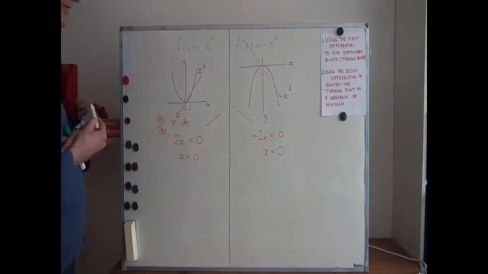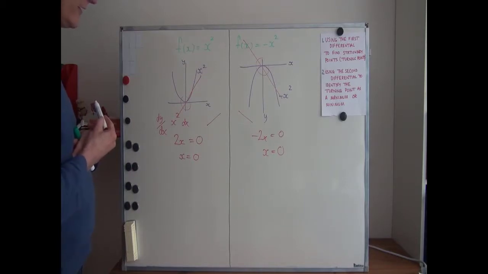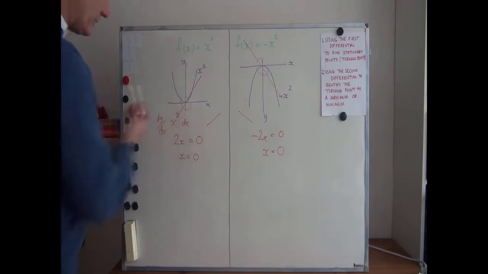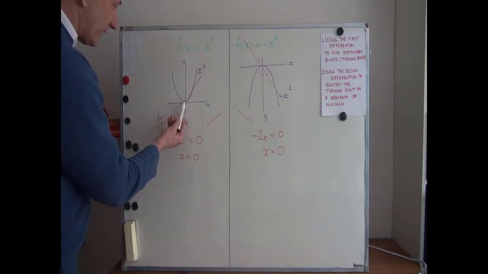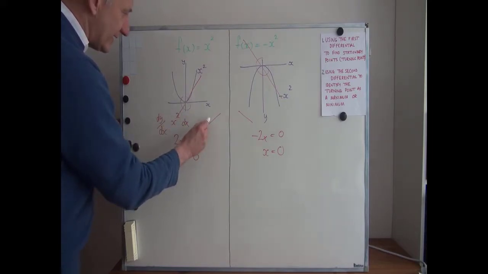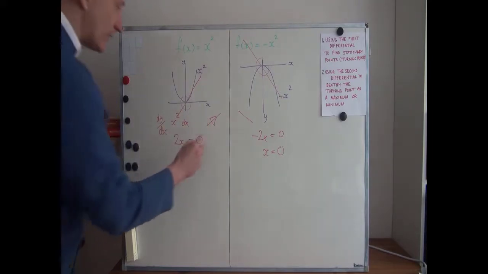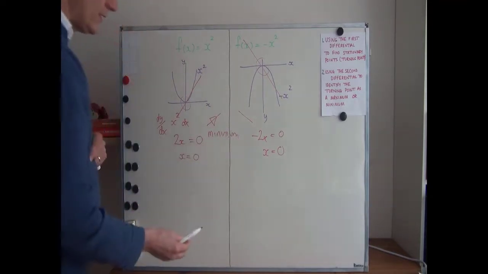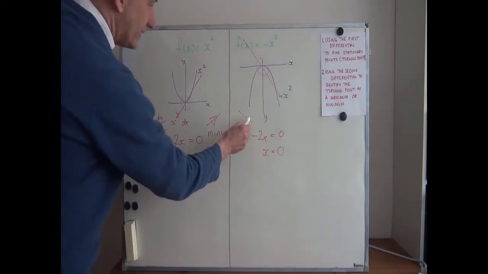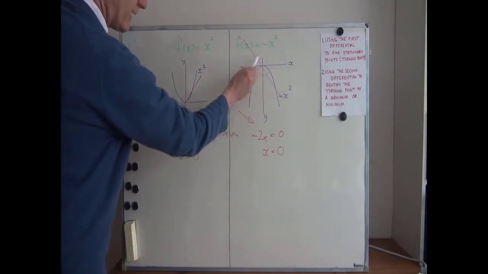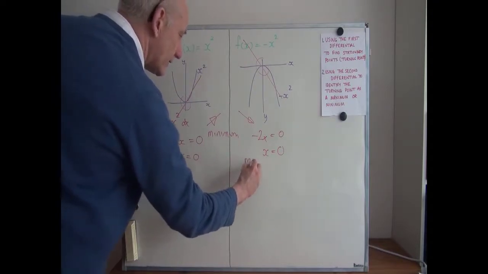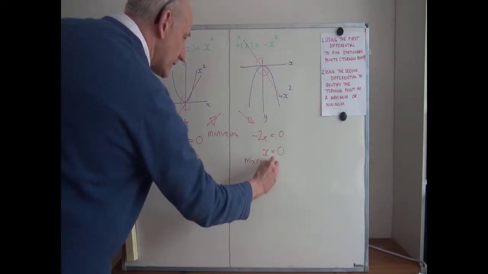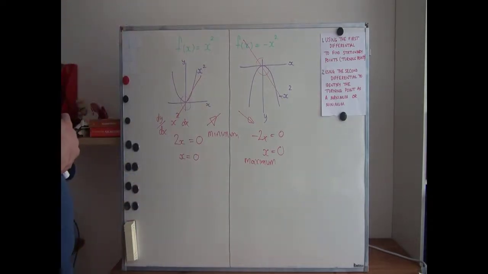And we find that out by actually taking the second differential of the function. We find the point where it's 0. The second differential will tell us at that point, is the line starting to go up, in which case we must have been at a minimum, or is that line heading down, like here, in which case we were at a maximum.